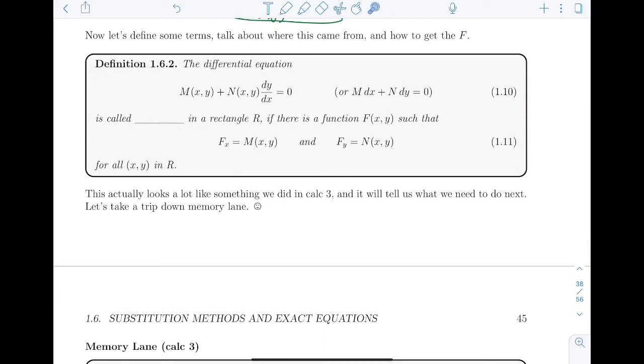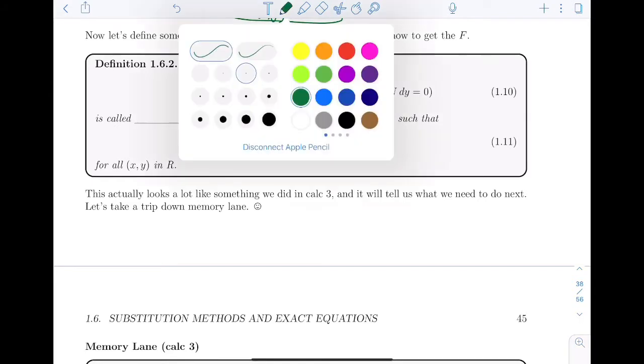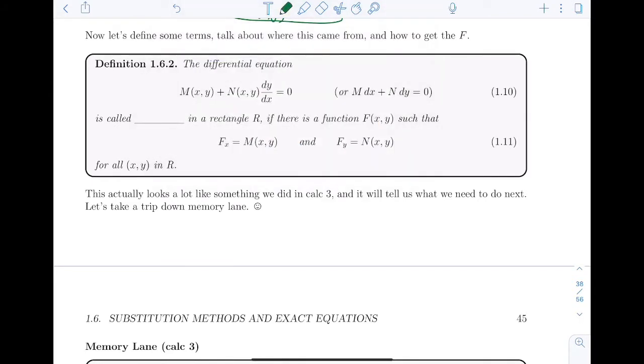So the differential equation M(x,y) + N(x,y) dy/dx, or equivalently M dx + N dy, is called exact in a rectangle R if there's a function f(x,y) such that fx = M(x,y) and fy = N(x,y).